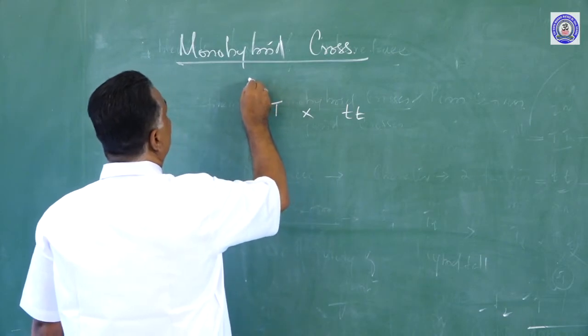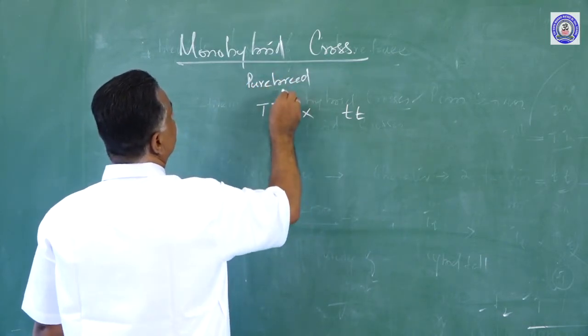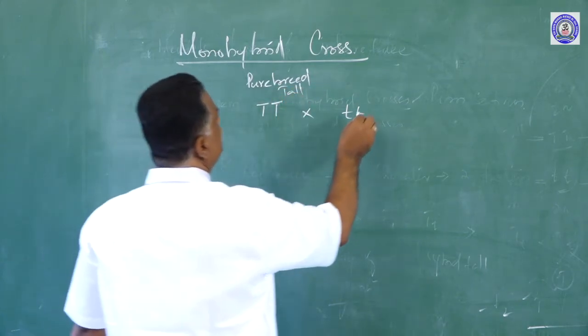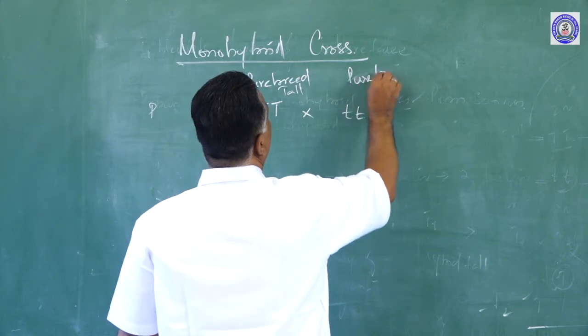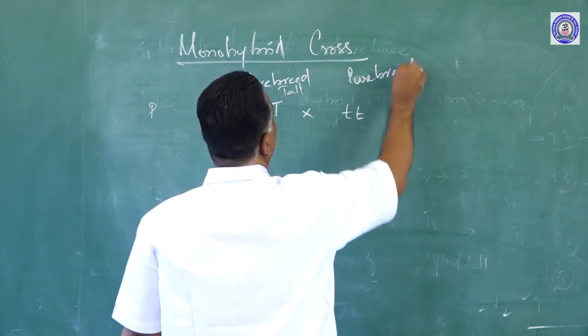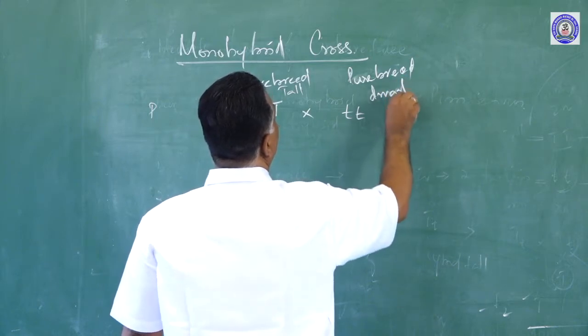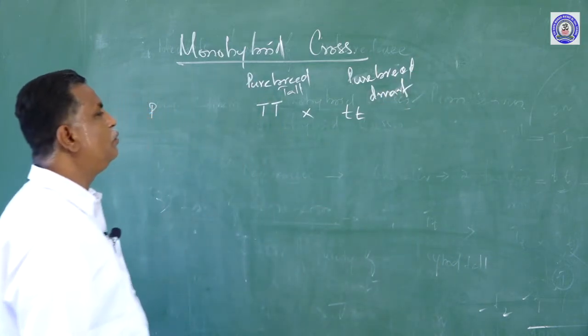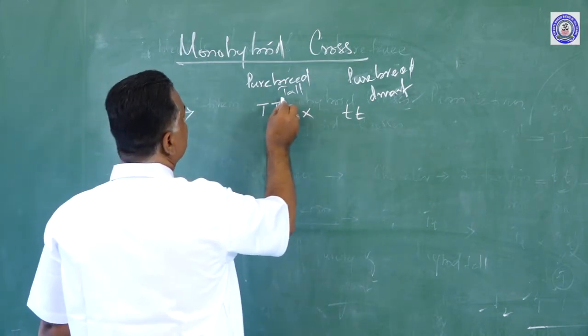This is pure breed tall, this is pure breed dwarf. Pure breed tall, pure breed dwarf. These were selected as parent plants.